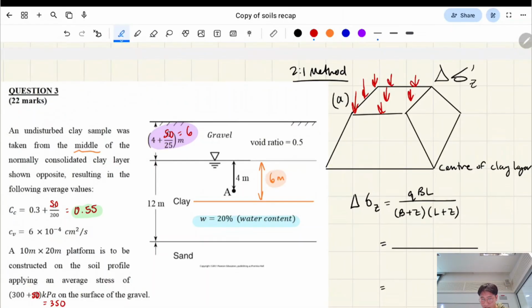Stress is also like a loading. You can call this surcharge. On the surface, that's how much we've loaded the gravel by. It's some kind of rectangular load, and the 2-to-1 method only works with a rectangular load, so you can think of it like a building that is rectangular shaped.